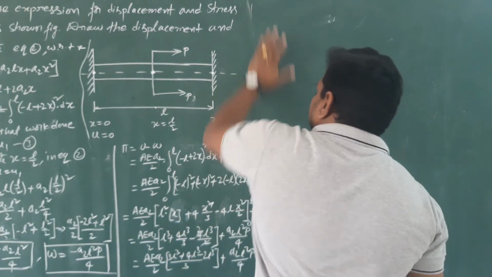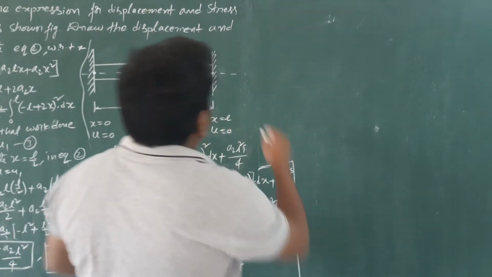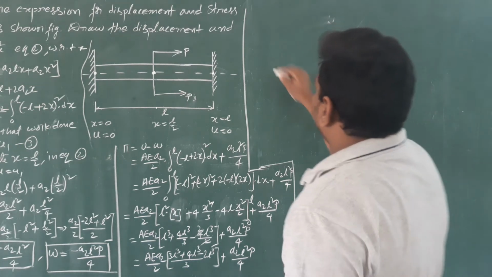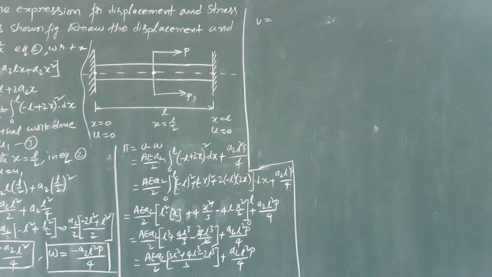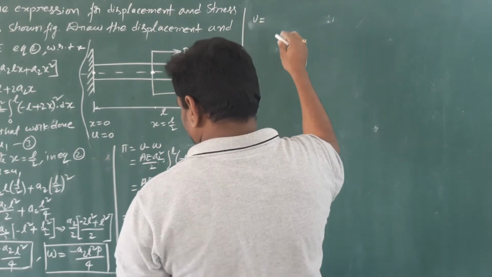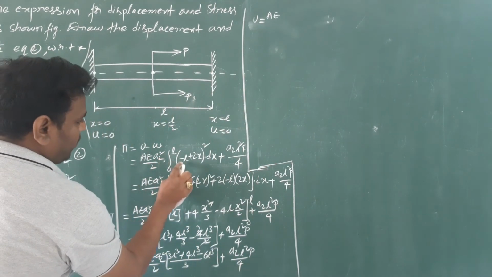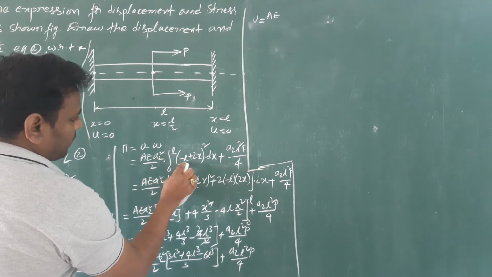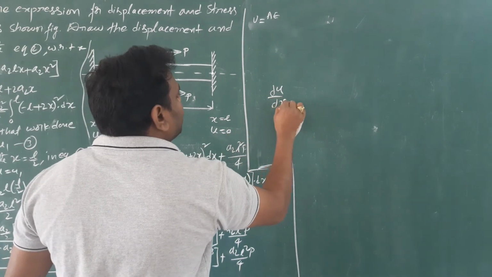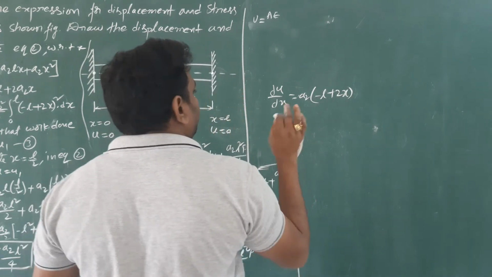Now this equation will become: AE U is equal to AE, this is also A2 square, because dou U by dou x is equal to A2 into minus L plus 2x.